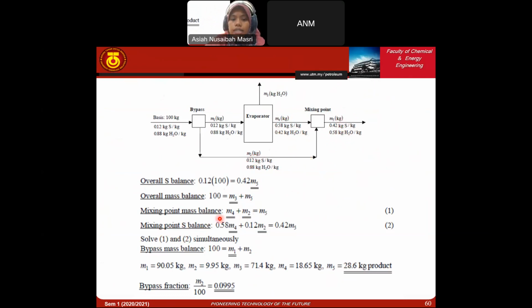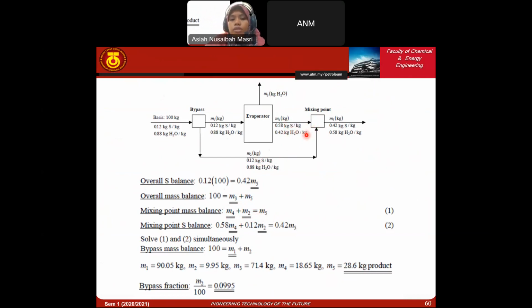M5 we solved. Now for the mixing point, we have 2 unknowns, M4 and M2, and 2 equations. The first equation is the mixing point total mass balance, and the second one is the solid balance. So 2 unknowns, 2 equations, then we can solve simultaneously. We can find M2 and M4. Settle M2, settle M4. We calculate it, yeah?